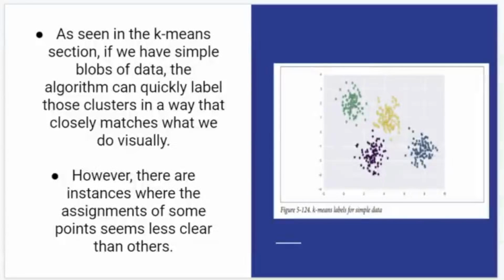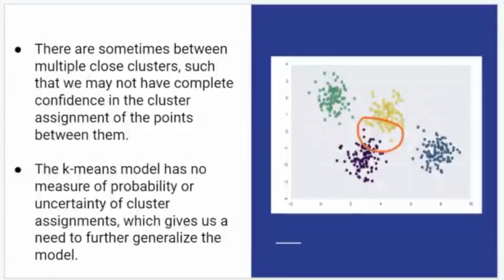I'm talking about the areas where those blobs seem to overlap. Now, if we take a look at the picture on the right, there are sometimes multiple close clusters, such that we may not have complete confidence in the cluster assignment of the points between them. I'm specifically talking about the points inside the yellow circle in the picture.